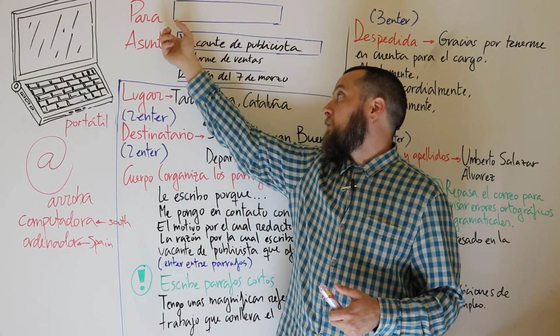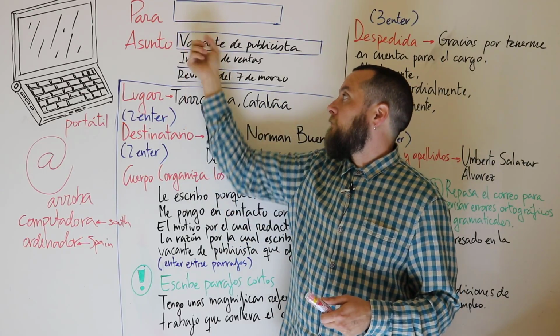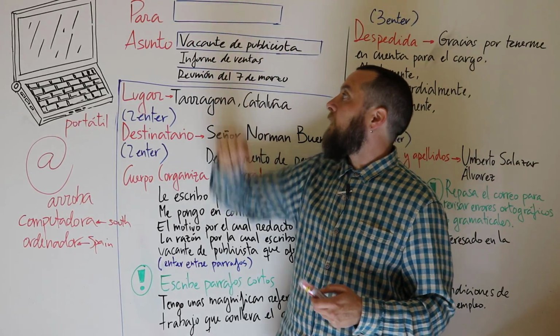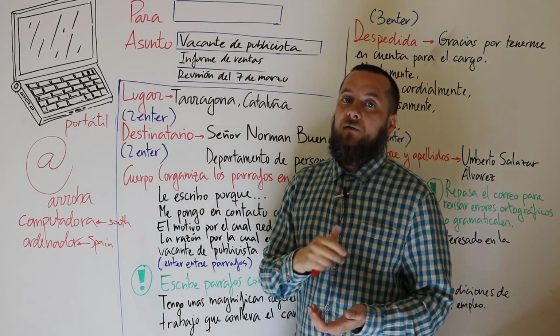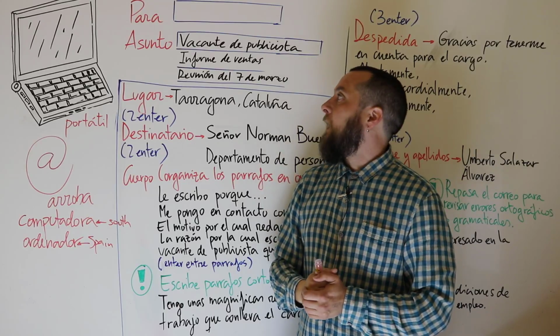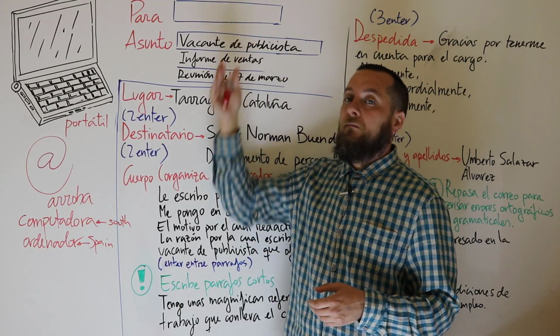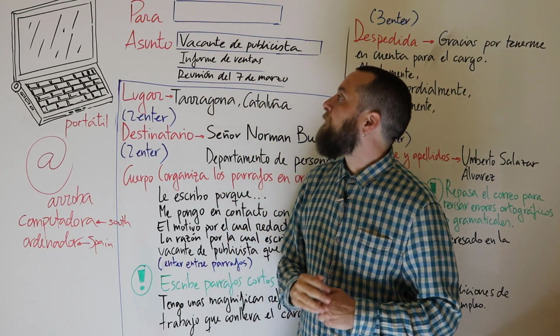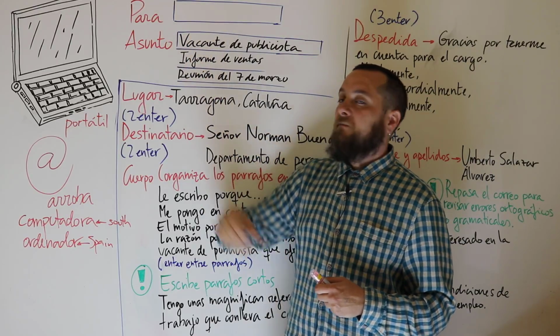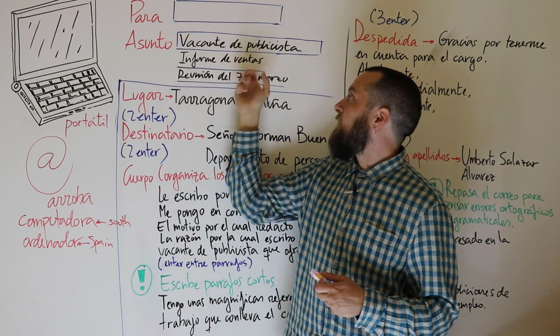I wrote three examples. One's vacante de publicista. It means that in a place, in a company, they need a person who works as a publicist. Informe de ventas, sale report. Reunión del 7 de marzo.